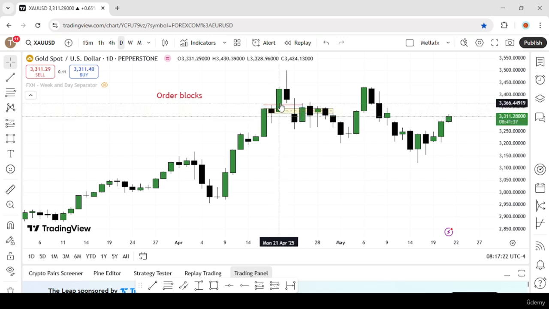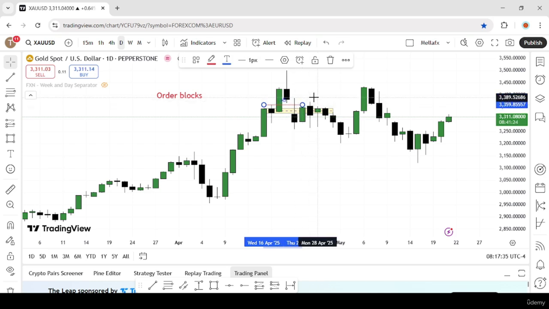But yeah, this candle is an order block, and the reason why probably this order block was not respected may be as a result of the dollar index.